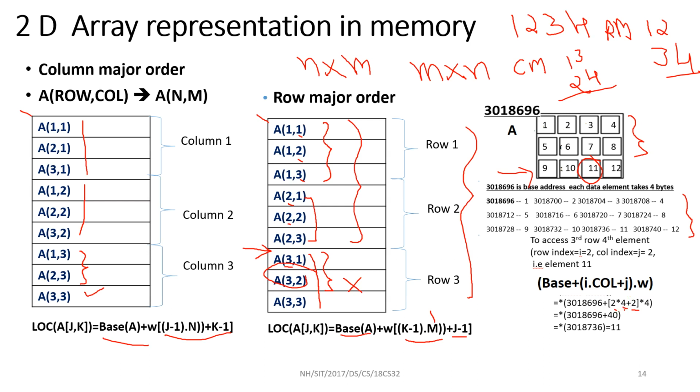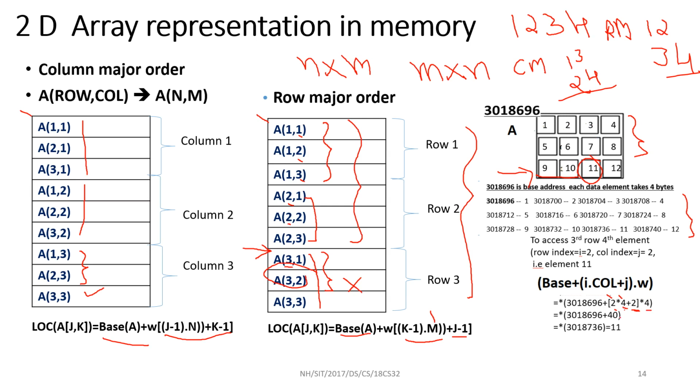2 into 4. That is the purpose: 2 rows, each with 4 columns. Okay. Then in the last row, the row of interest, how many columns do you have to skip? 2 columns you have to skip. Total of 2 into 4 plus 2, that is 10. Each requires 4 bytes.